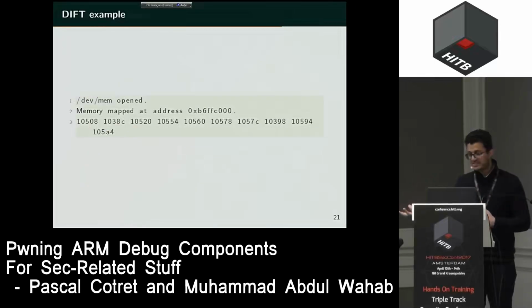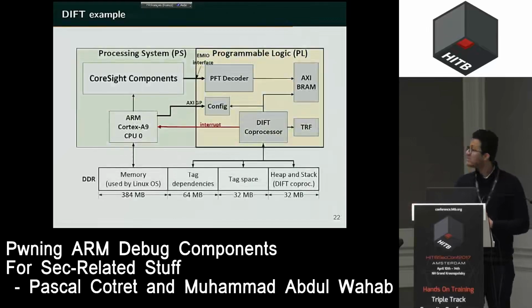If we look at the traces, we get some addresses, and these addresses are stored over here. So these are the decoded traces. The coprocessor will be using these traces to find what happens inside each basic block.